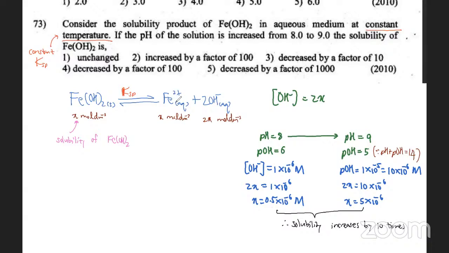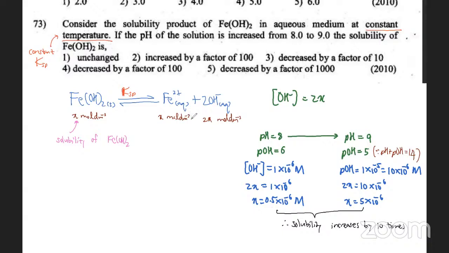Fe2 plus concentration is equal to the solubility of Fe(OH)2 because Fe2 plus ions are released only from Fe(OH)2. OH minus ions are released from Fe(OH)2 and someone else also is giving that OH minus concentration. That's how we can alter the OH minus concentration at constant temperature.